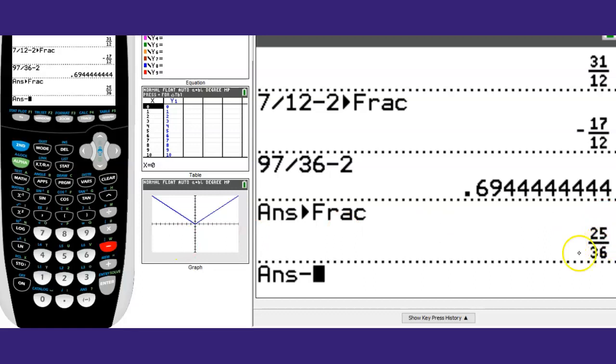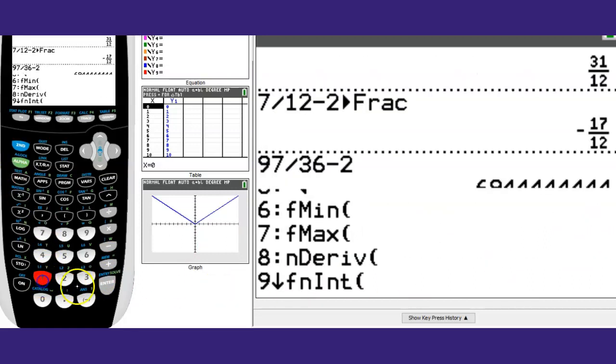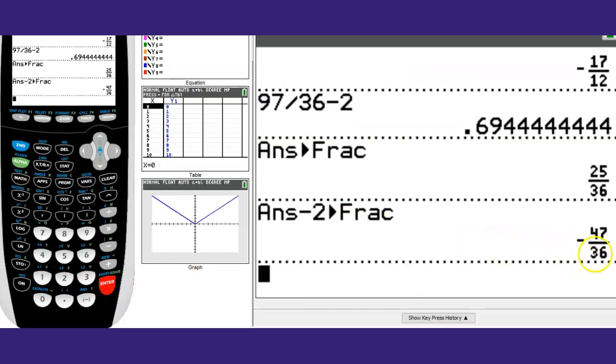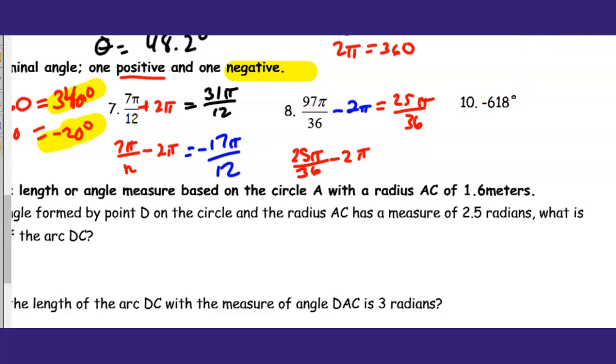So the answer, I'm going to use that minus 2. Math fraction. Negative 47 over 36. So that's my negative right there, guys. Negative 47 pi over 36.